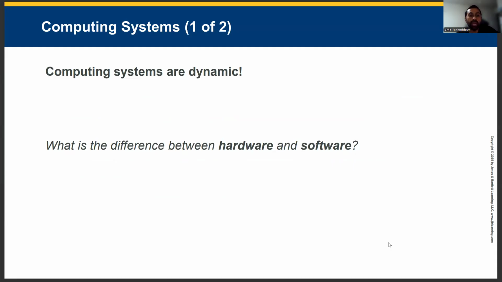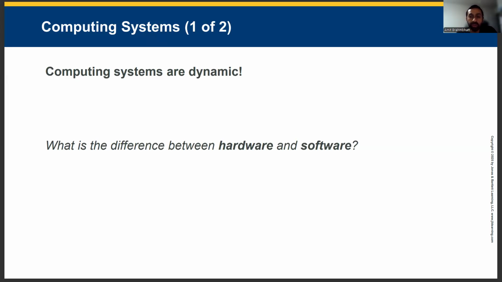So computing systems are dynamic. They constantly evolve in capability, scale, and how we interact with them. And at a high level, computing system combines hardware and software: tangible components, and the instructions that tell the hardware what to do. What's crucial is the interaction between the two.